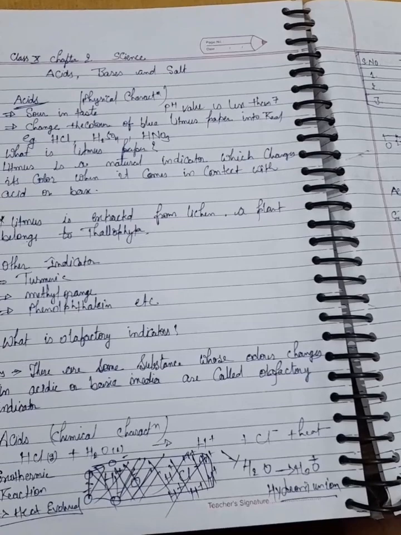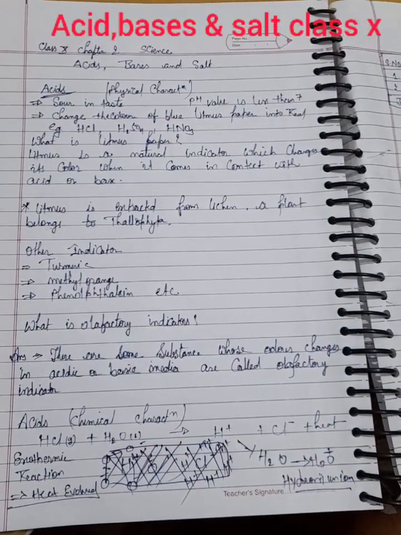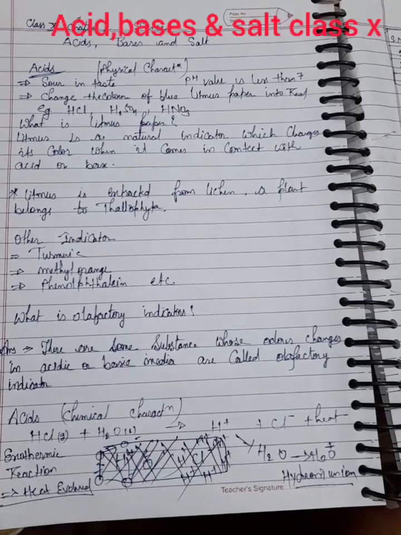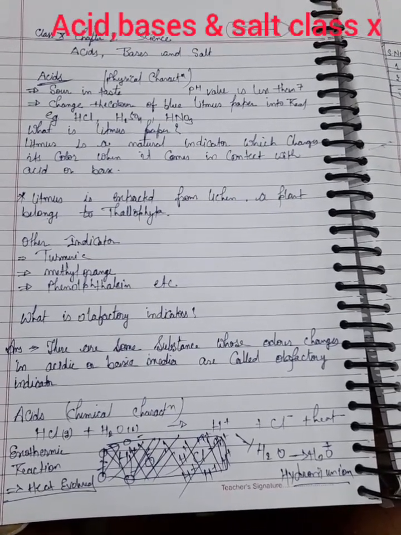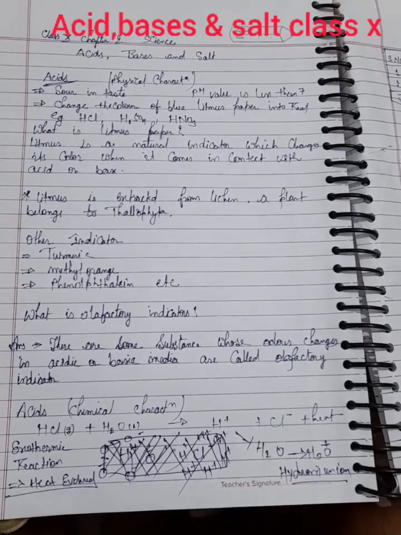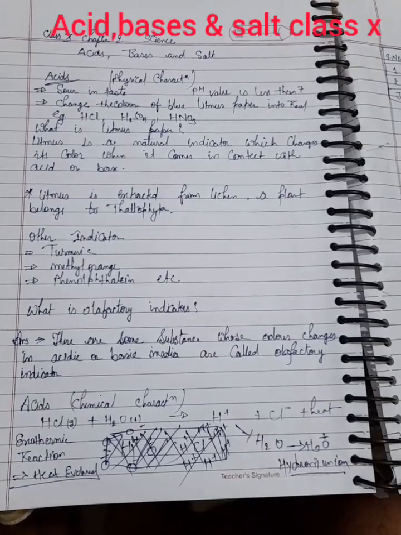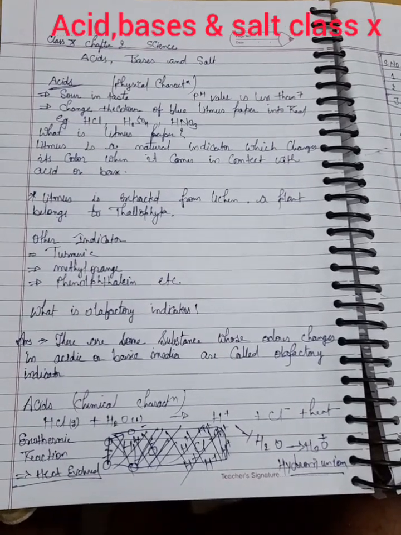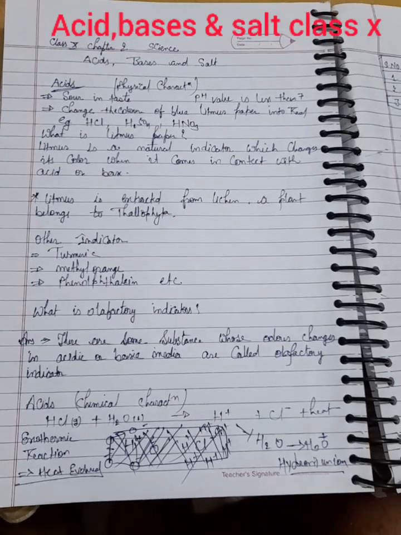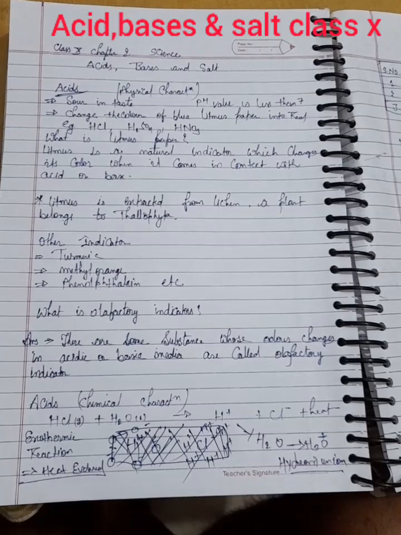One more type of indicator is olfactory indicators. These are substances which change odor when they come in contact with acidic and basic media. Chemically, we identify acids when they give H+ ions in aqueous solution.